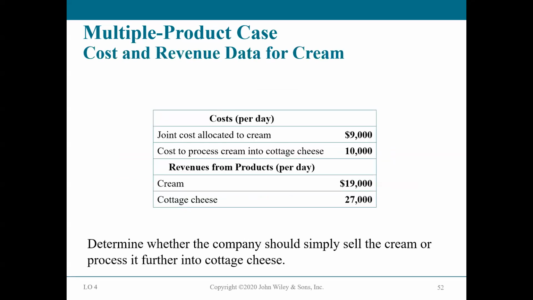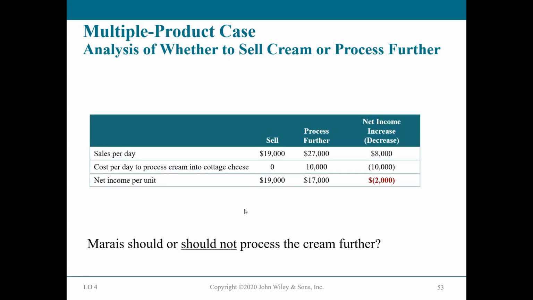So the joint cost allocated to cream would be, say, 9,000. The cost to process the cream and the cottage cheese, 10. Revenue from the products per day, say cream is 19,000 and cottage cheese is 27,000. So if we have whether to sell cream or process further, sales per day, if we just sold it, would be 19,000.